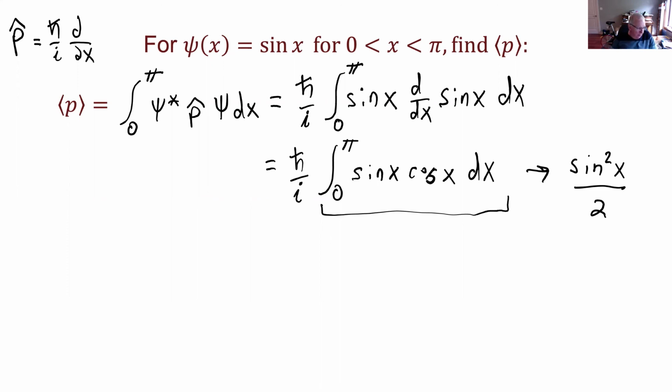That means evaluating that thing at both limits. Sine of 0 and sine of pi are both 0, right? So my integral is 0 at both of those limits, and that tells me that my expectation value for the momentum here is equal to 0.